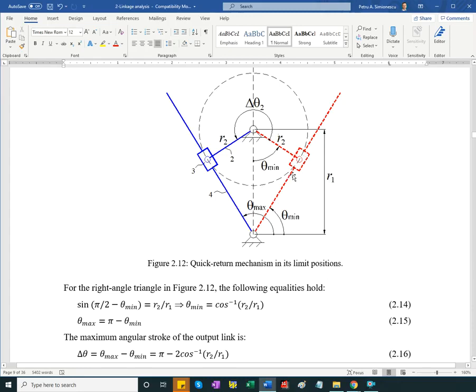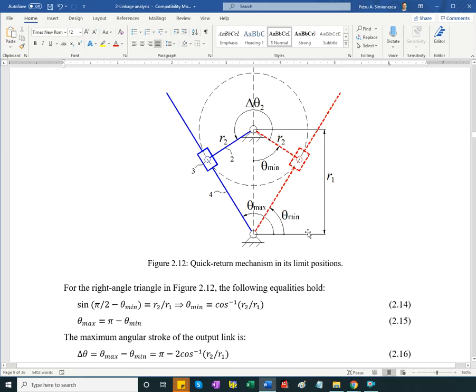And I said that the limit positions occur when we have the angle at this floating pin joint at 90 degrees, as well as here. We recognize some angle equalities. So I have the angle here is the angle here, because they are two triangles with mutually perpendicular sides.